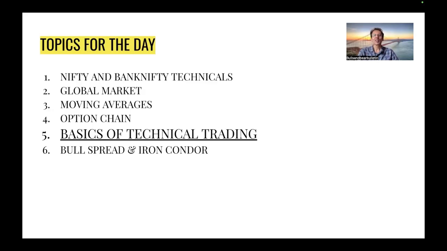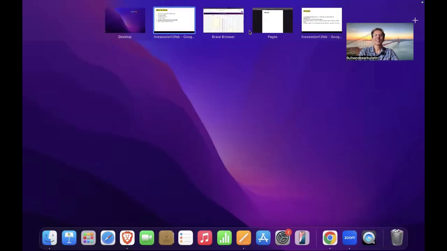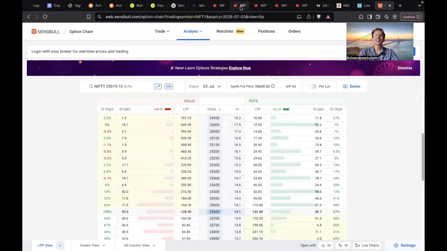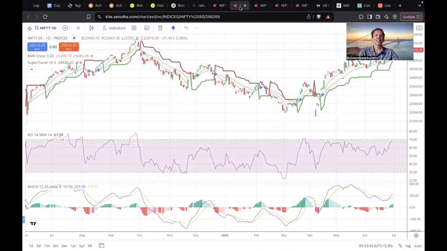So let's go first to the Nifty technicals. On the last week of September, the Nifty made a high of 26,300 level, and from there it started declining.